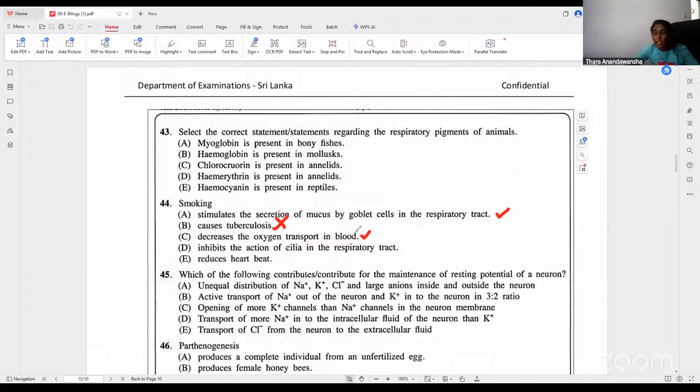It binds with carbon monoxide in an irreversible manner, so you cannot give space for transportation of oxygen here. Inhibits the action of cilia in the respiratory tract. Yes, by cyanide, it's C, right? Reduces the heartbeat? No, it increases the heartbeat temporarily when you are smoking. So answer 2 is correct here also. 43 is 2, this one also 2. Correct?